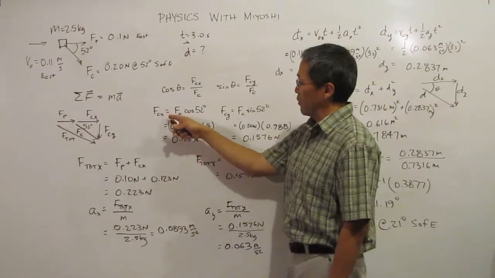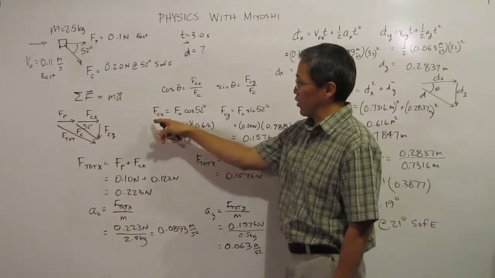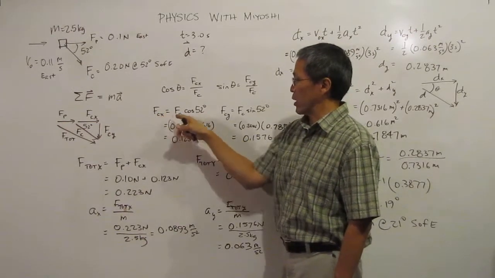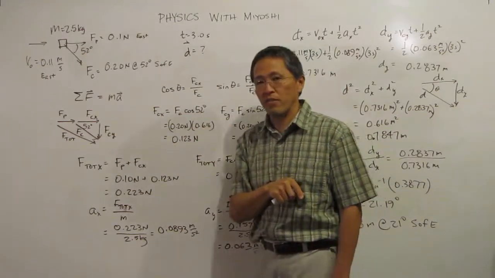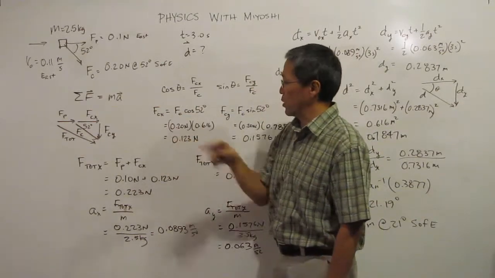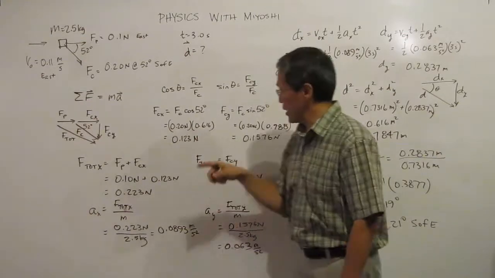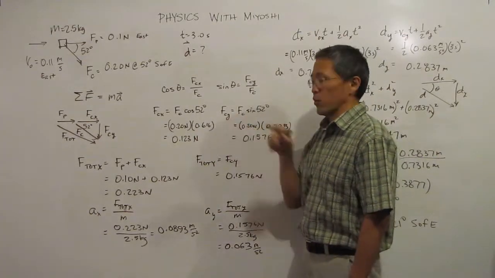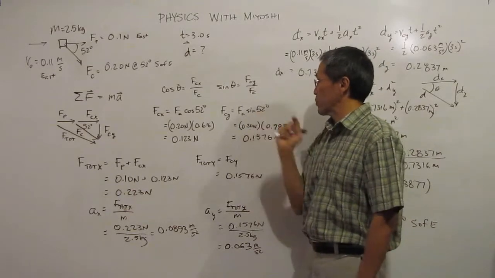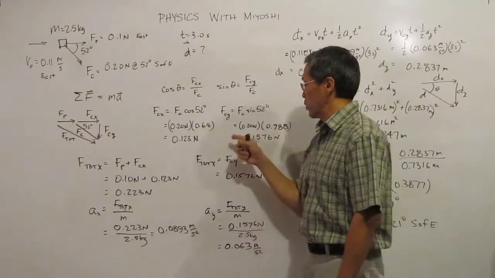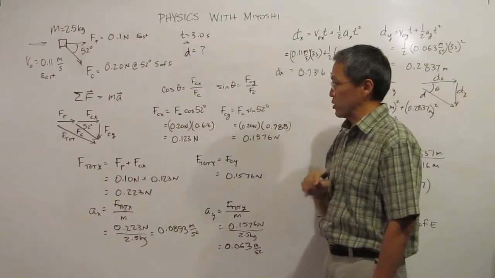So when we do all those numbers, we find the force of the current in the x direction is the force of the current times the cosine of 52 degrees, which gives us 0.123 newtons. And the force of the current in the y direction is the force of the current times sine of 52 degrees, which gives us 0.1576 newtons.